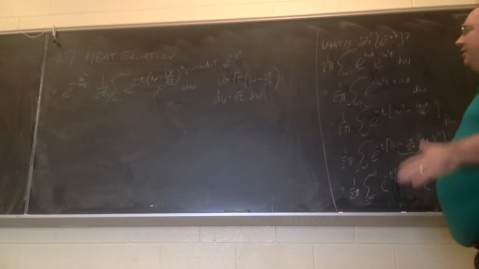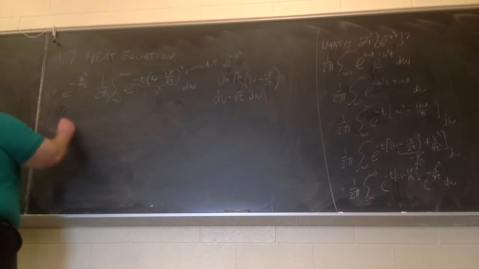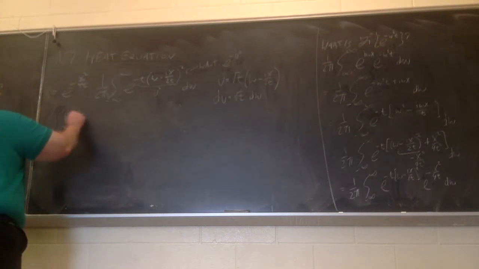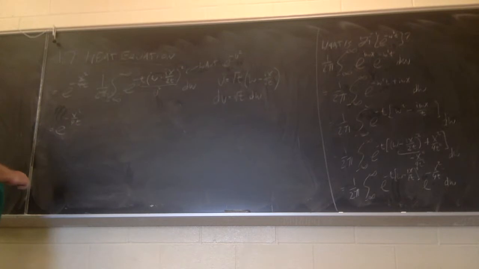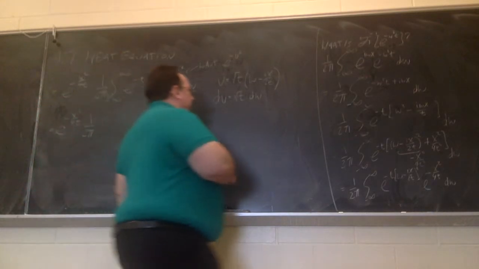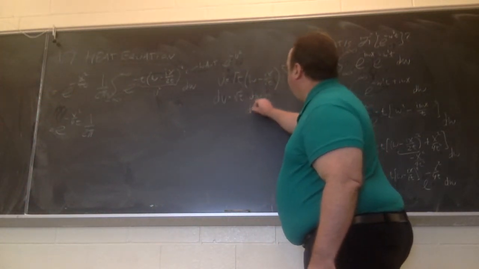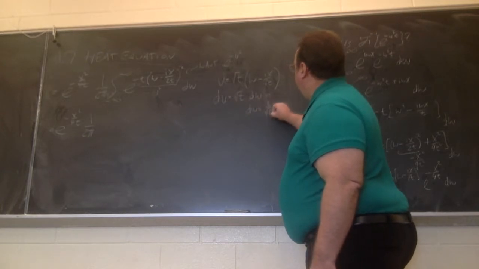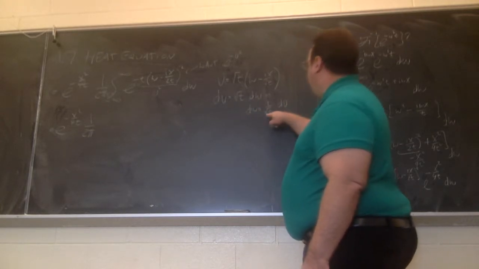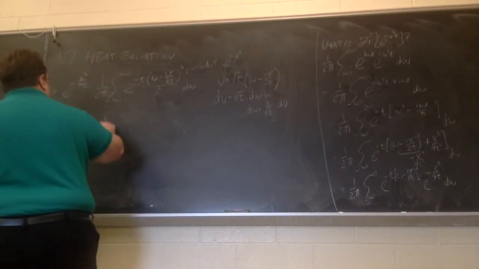So now I still have a 1 over 2 pi. And it's d omega I have to replace. So d omega is 1 over square root of t du. So now I have a factor of 1 over square root of t that I can just pull out.